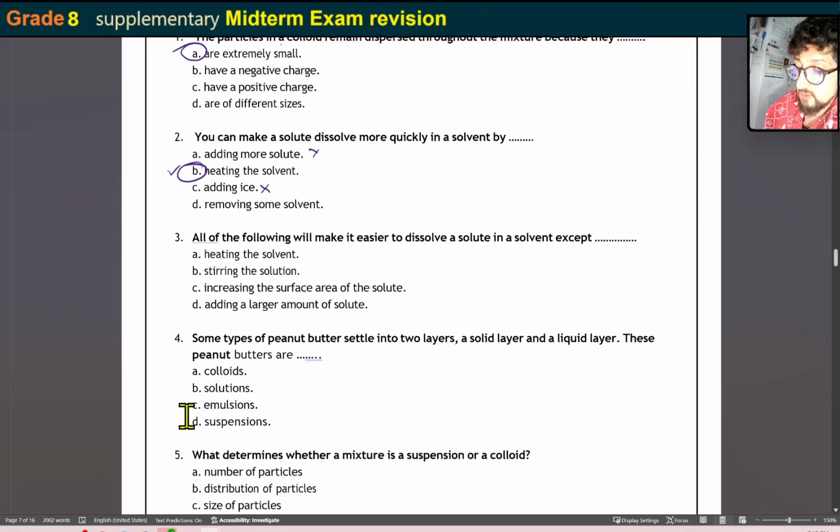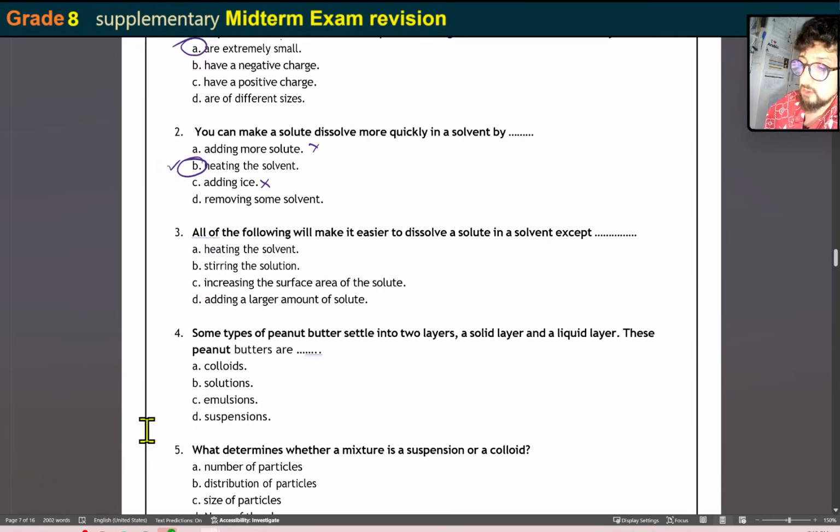All of the following will make it easier to dissolve solute in a solvent, except, so which one makes it harder? Basically, if we reword the question, it's saying which one makes it harder for the solute to dissolve inside the solvent. So first of all, the solute is the solid that's dissolved inside the solvent.